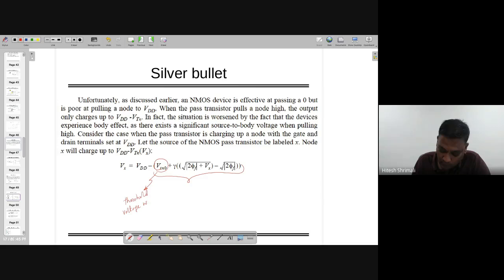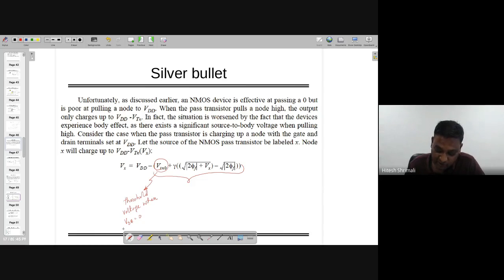Which is like this, where VTN0 is the threshold voltage when VSB equal to 0, right? So this is given in your data sheet or the DRM of a transistor, that what is the threshold, but this is with the fact that VSB is 0.